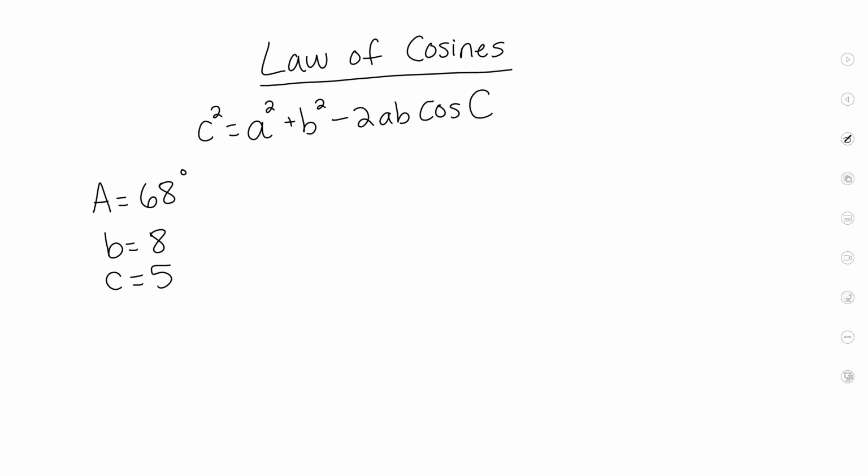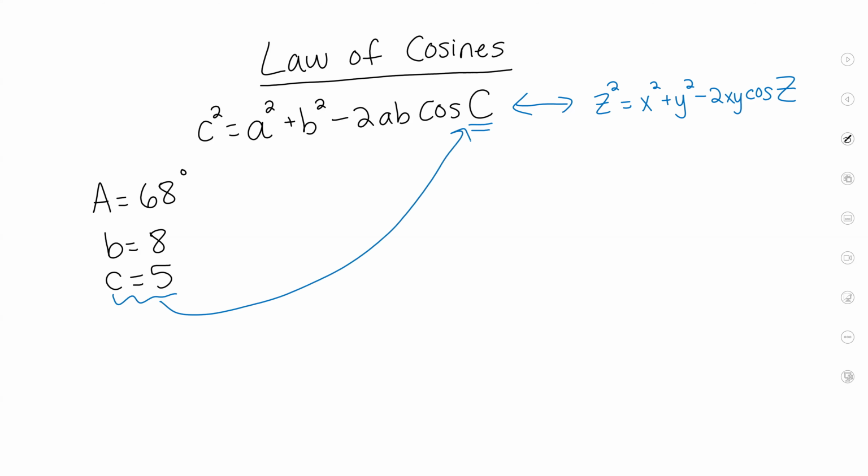Now, I think A, B, and C is a bit confusing. So I recommend you use X, Y's, and Z's instead. So I would write it like this. The reason why is because a lot of people see the letter C and assume they're going to put this side length right there.